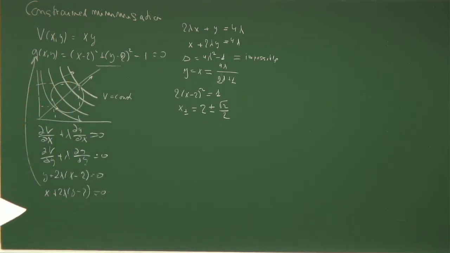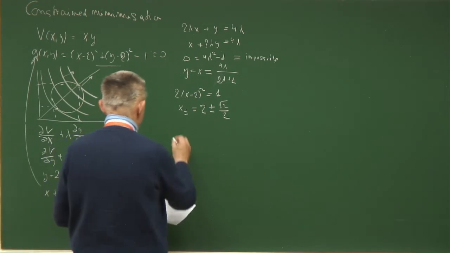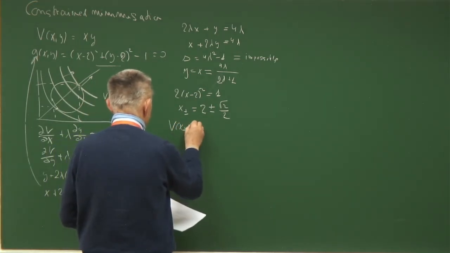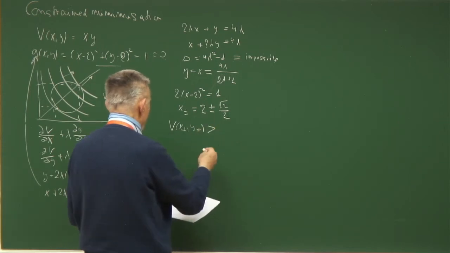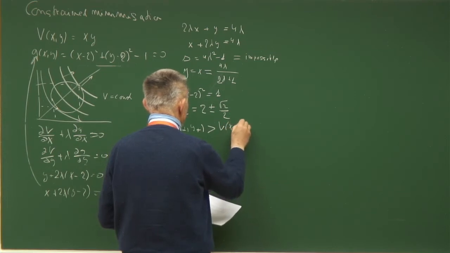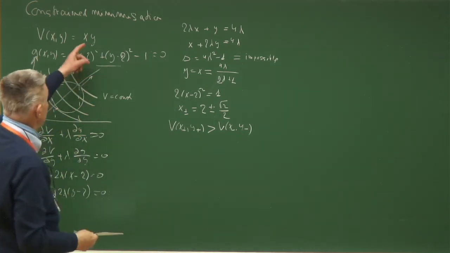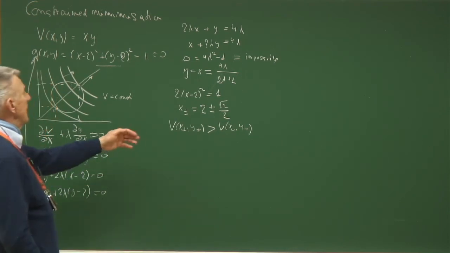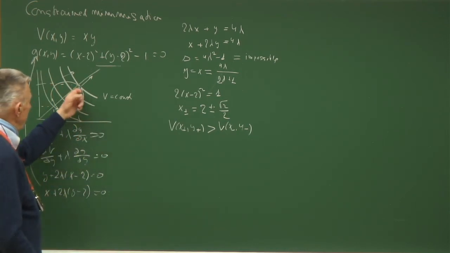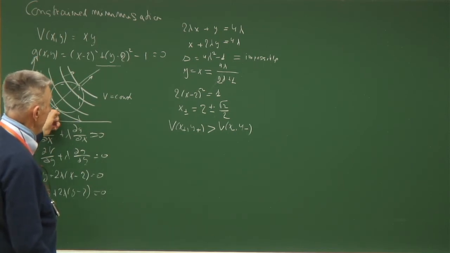Both of them are positive. And V of (x plus, y plus) is obviously larger than V of (x minus, y minus), because the function is monotonic. So out of this data, we conclude (x plus, y plus) gives maximum, and (x minus, y minus) gives minimum.